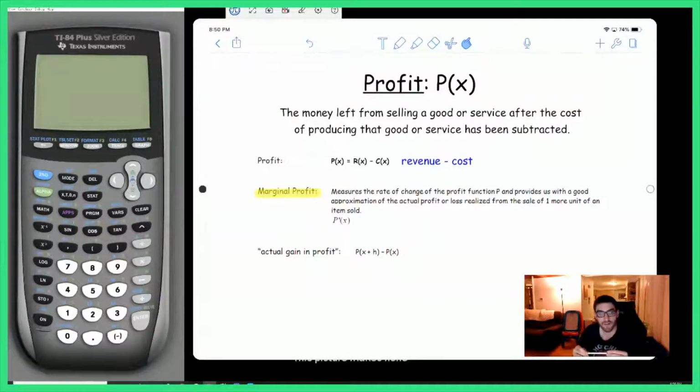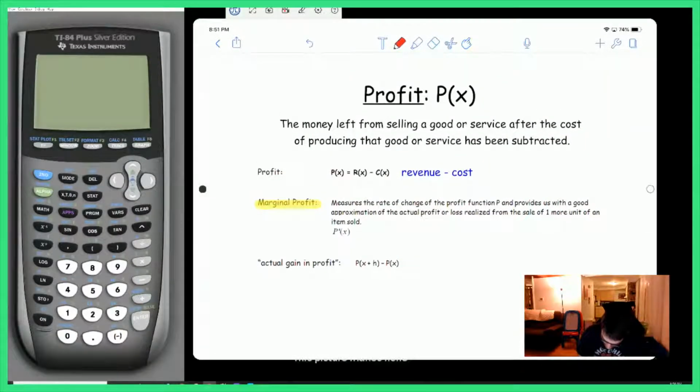And marginal profit is basically a measurement of one additional good. So if we're selling 100 TVs, and we wanted to see would I be making a profit or losing money if I decided to produce one extra TV, the 101st TV, in order to examine that, we just plug 100 into the derivative of profit.